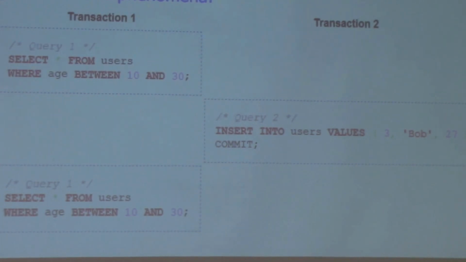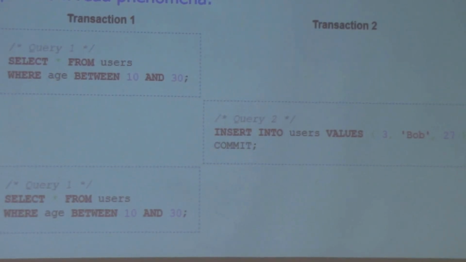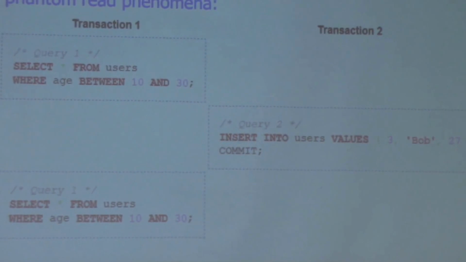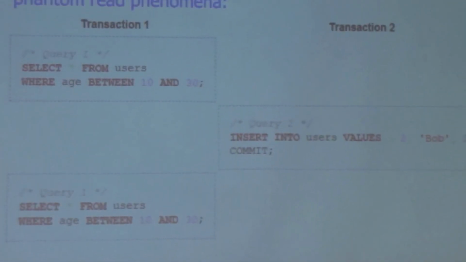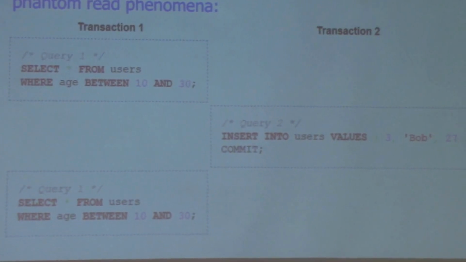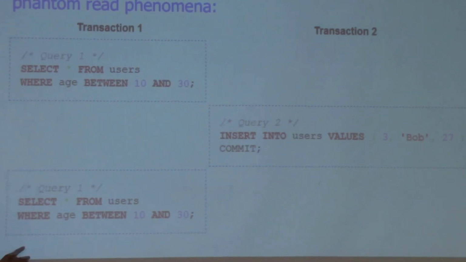By the same analysis, it's not equivalent to T1 then T2, because if you do T1 then T2, what happens? In this case, both times Bob should not be returned, because you insert Bob after you have read the database. Whereas in this case, first time Bob is not returned, second time Bob is returned. You follow me? Yes or no? Yes, okay?